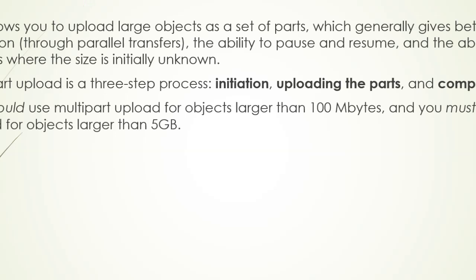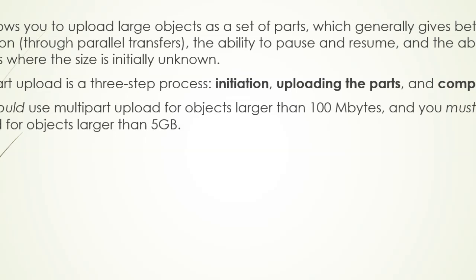So let's see what it is. To better support uploading or copying of large objects, Amazon S3 provides you the multipart upload API feature. With the help of this, you can divide your big file into parts and upload them. This allows you to upload a large object as a set of parts, which generally gives better network utilization, the ability to pause and resume, and the ability to upload objects where the size is initially unknown.